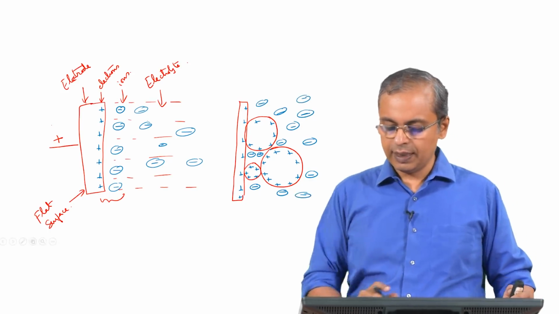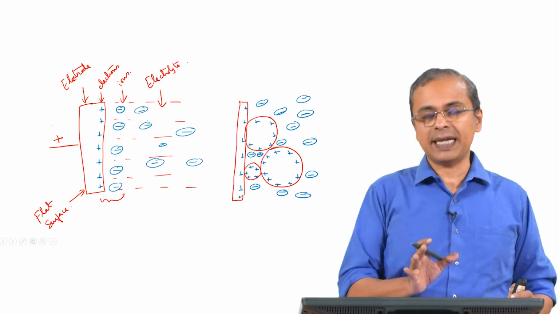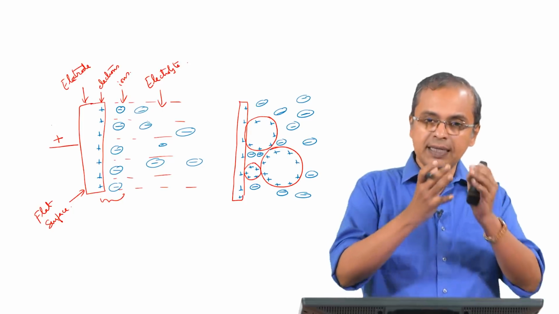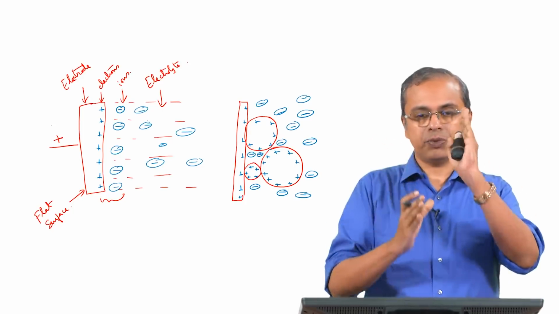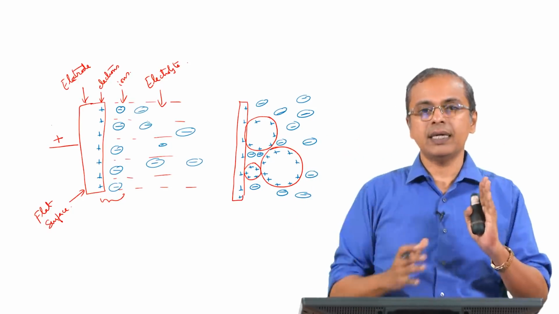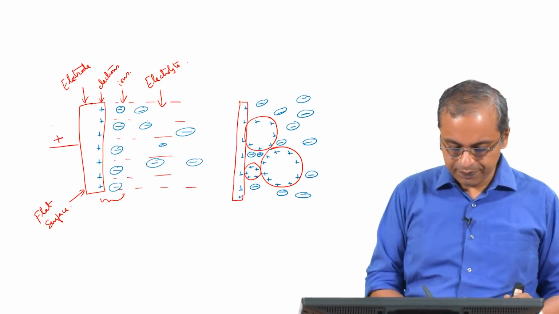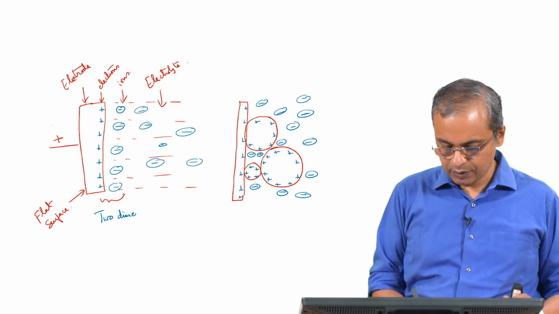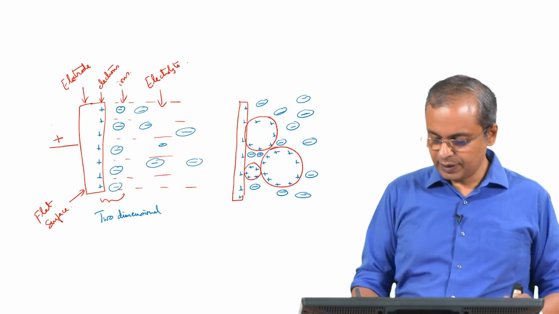Okay. So, now you have extended the electrode into a larger region as opposed to a flat one. What was 2 dimensional has suddenly become a 3 dimensional structure. So, this is 2 dimensional, this is 3 dimensional.